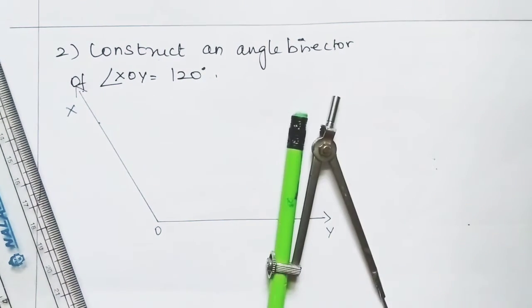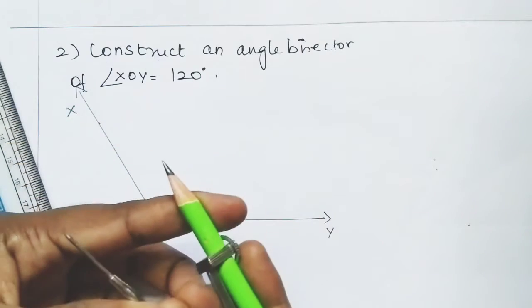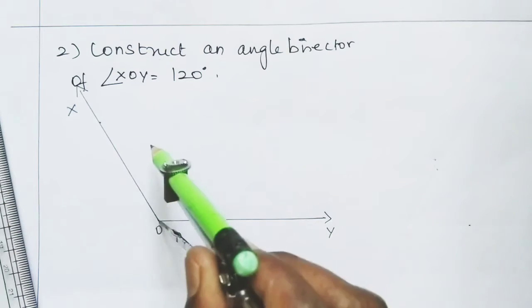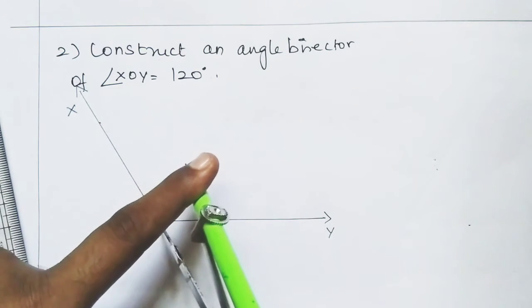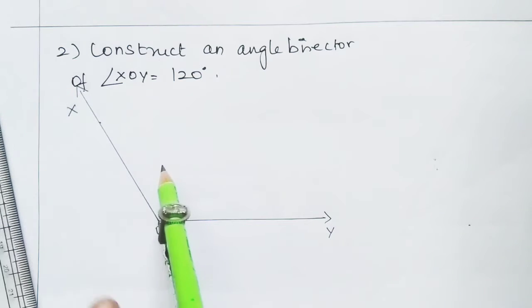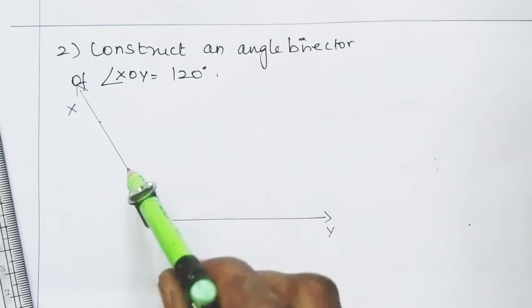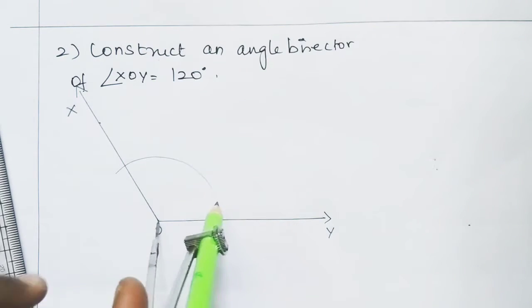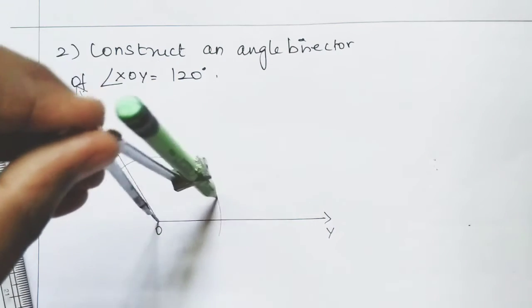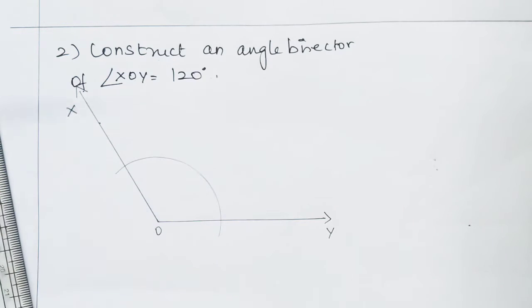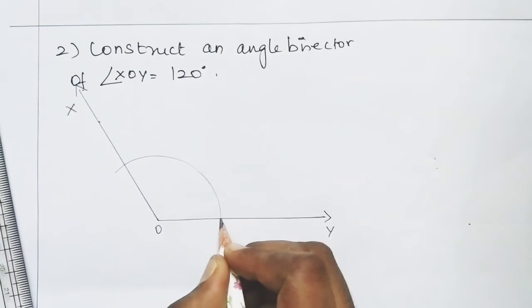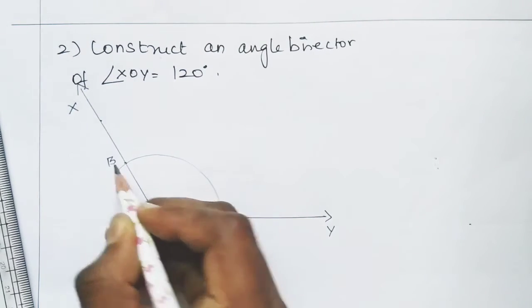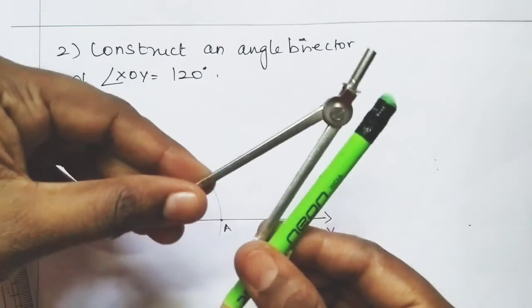Now take your compass, take small radius with O as center. With O as center, draw a small arc so that the arc should cut OX and OY, both the rays at two different points. Got it, children? Mark this point as A and this point as B. Now take some more radius.